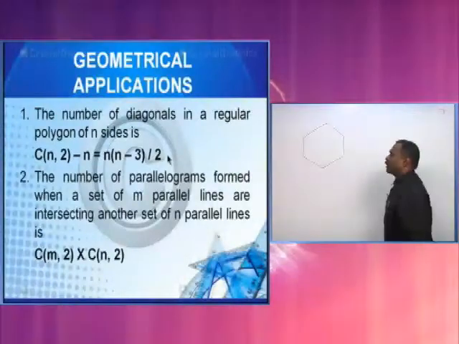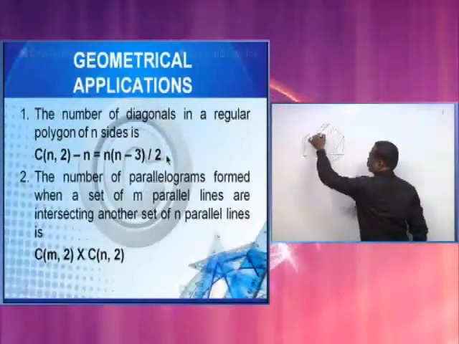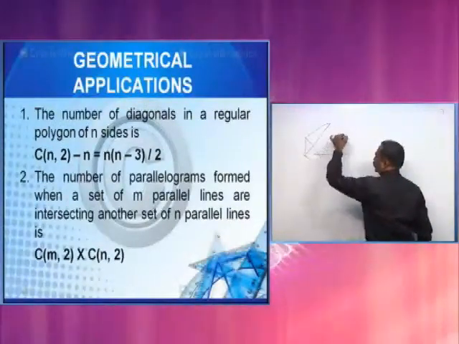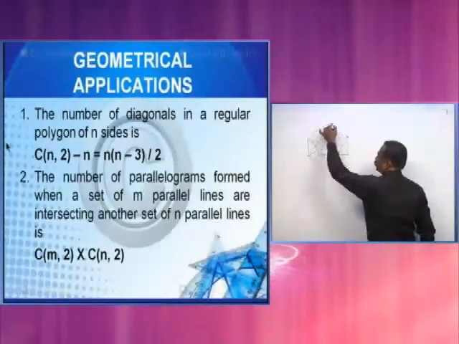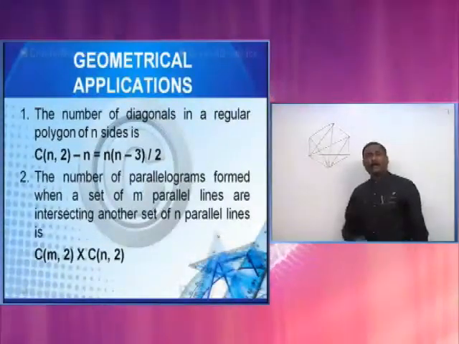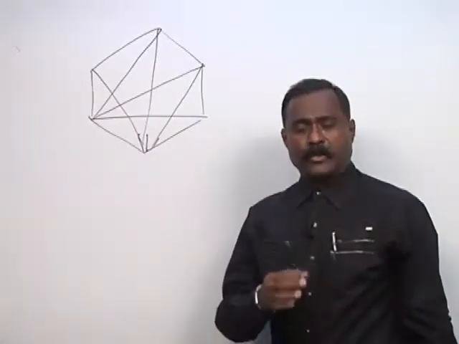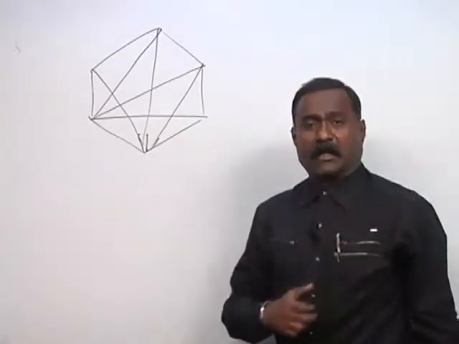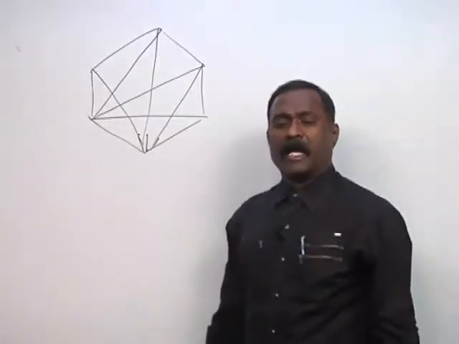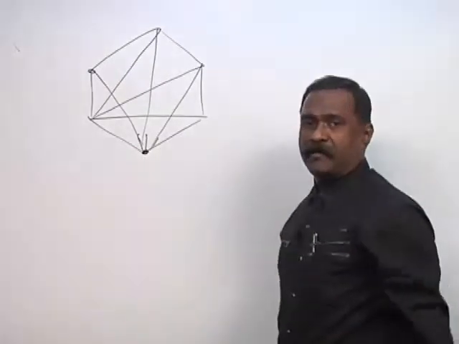The number of diagonals means how many diagonals will be there for this one, joining any two points like this. So how many points do we need to form a diagonal? A diagonal consists of 2 points.